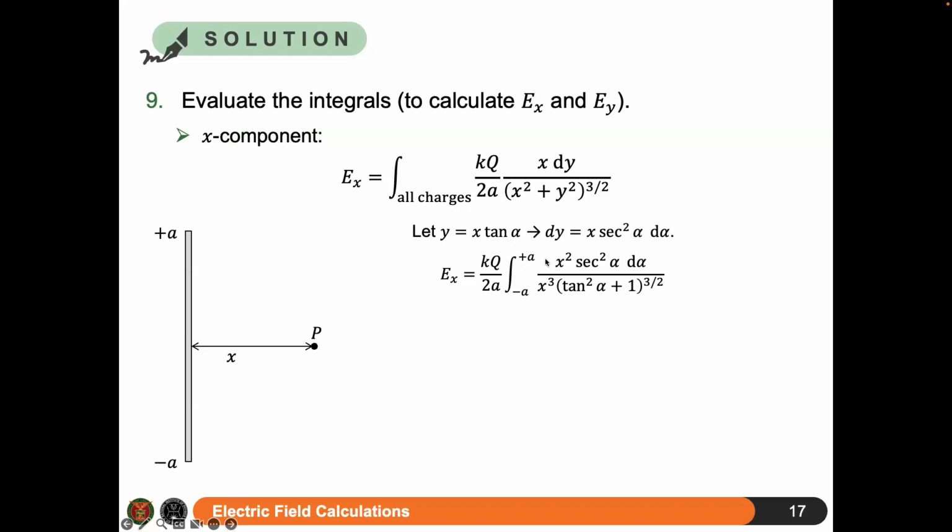For the denominator, we plug in the trig identity again for x squared plus y squared.